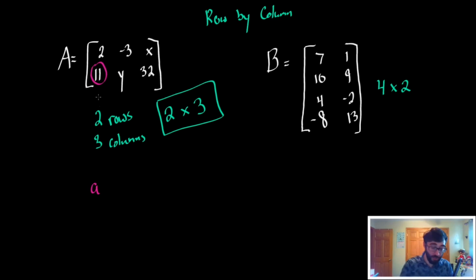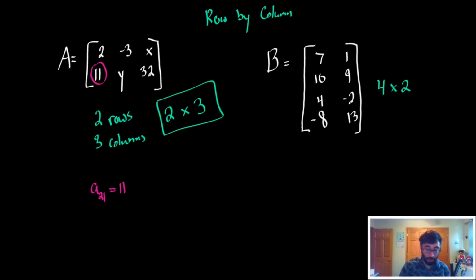Notice 11 is in the second row, so I put a little 2 as a subscript. That is the row number, and then I list the column number. 11 is in column 1, so I put a 1 right here. It's going to look like 21, but what that subscript represents is that this is in row 2 and column 1. So I would say that A sub 21 is equal to 11. That's how we write the address.